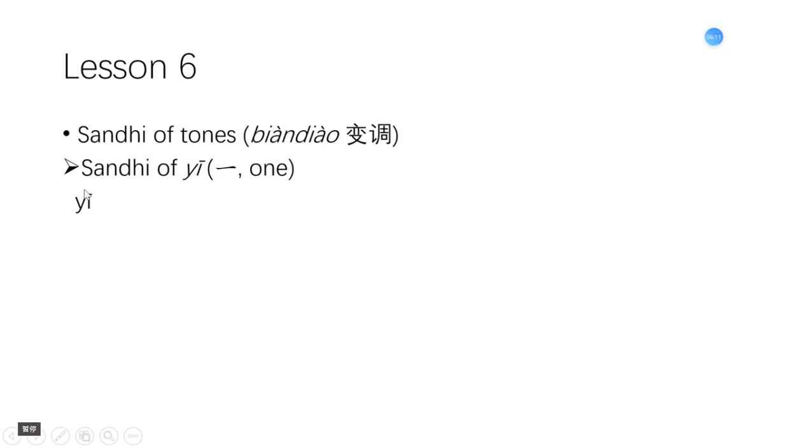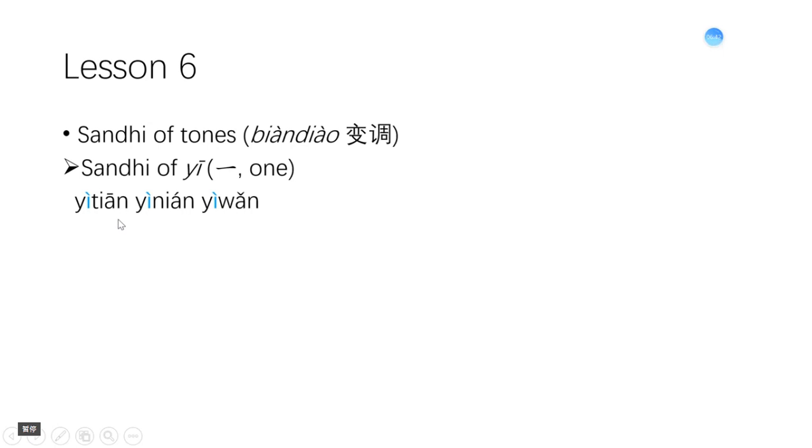But if 一 is put before a first tone, second tone, and third tone syllable, there is a change in tones. The tone of 一 is changed to fourth tone. Okay, so please pay attention.